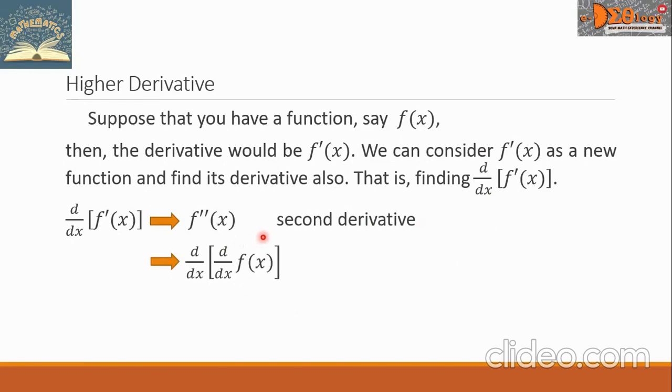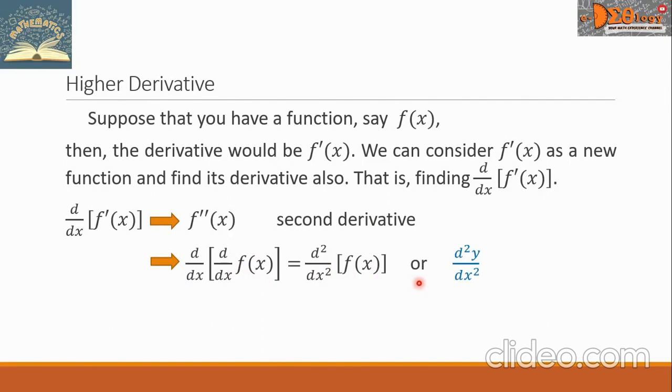We can show also that the second derivative is d over dx of d over dx of f of x. Simplifying this, we may show that d square over dx square of f of x.